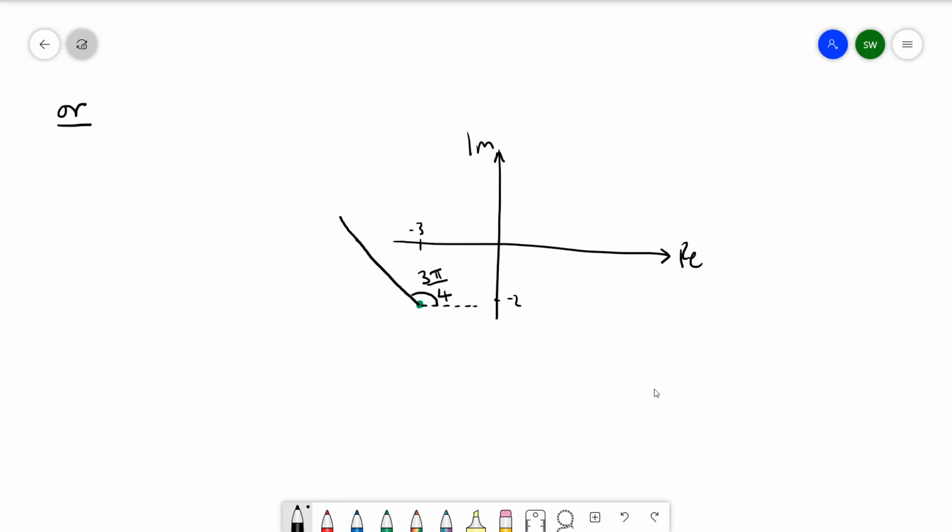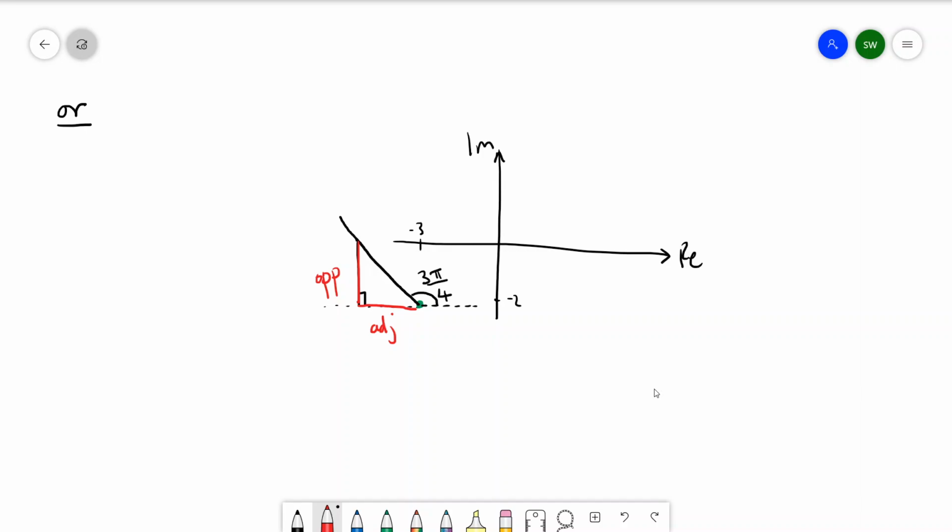I guess an alternative way of doing that would be to do a bit of trigonometry on this line to work out what the gradient of this line is. Well, let's draw in a right angle triangle like that. And let's label this side length as opposite and this side length as the adjacent.